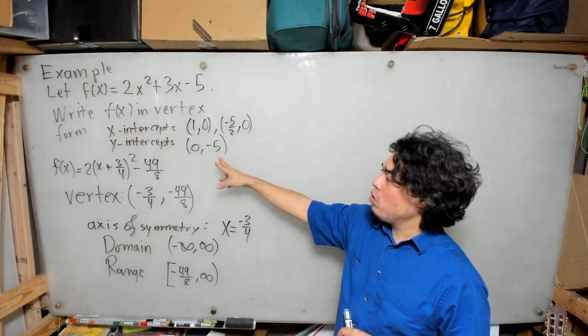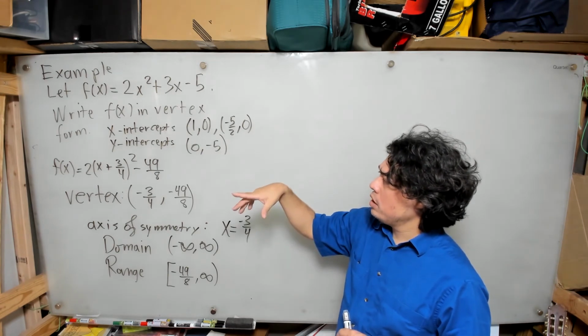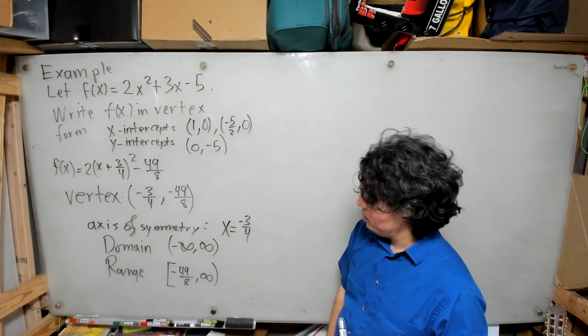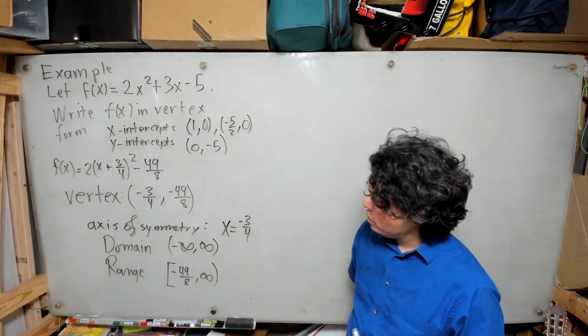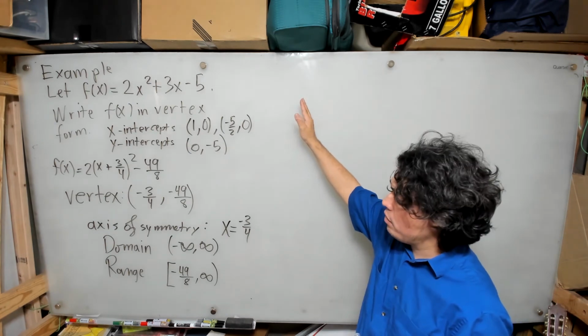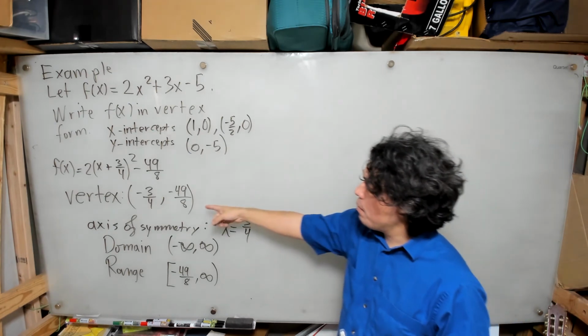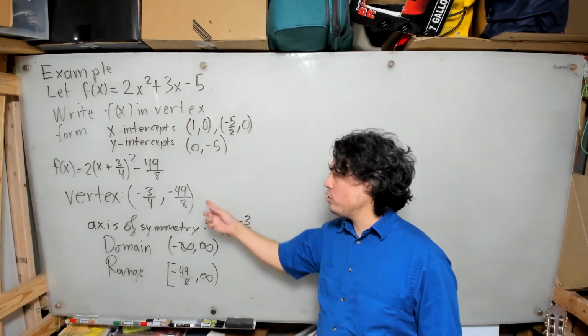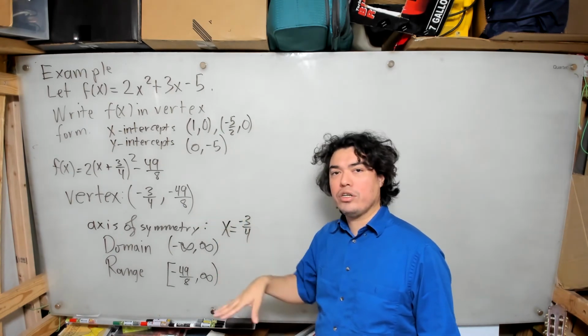I need to go down to negative 5 on the y-axis. This is my vertex, negative 3/4, so negative 0.75, and it's going to be down about 6. We know that 8 times 6 is 48, so this is just a little under 6.